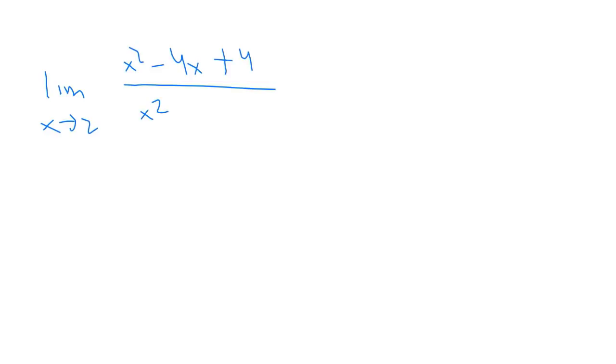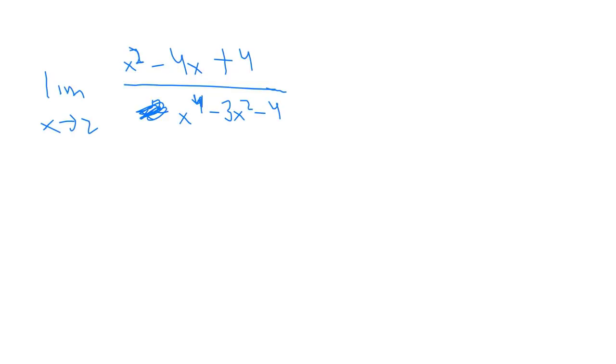So the next limit problem is the limit as x approaches 2 of x squared minus 4x plus 4 over x to the fourth minus 3x squared minus 4. Again, the first thing I do is try to factor.